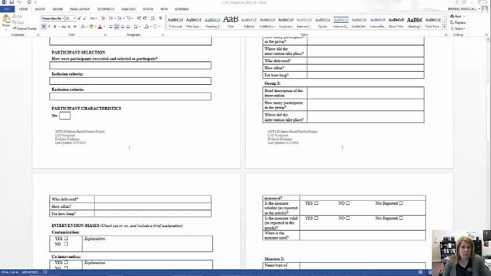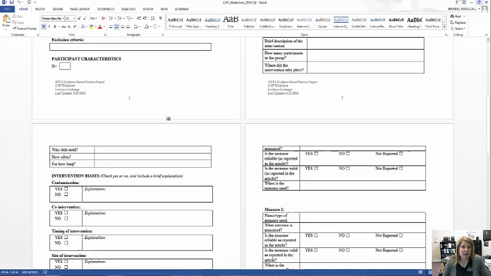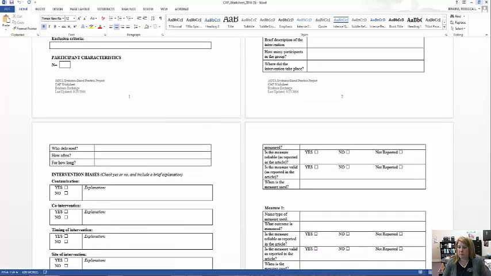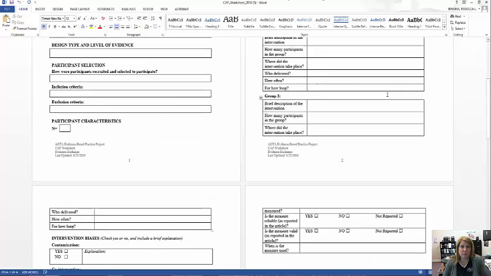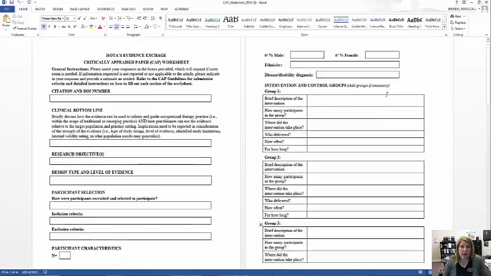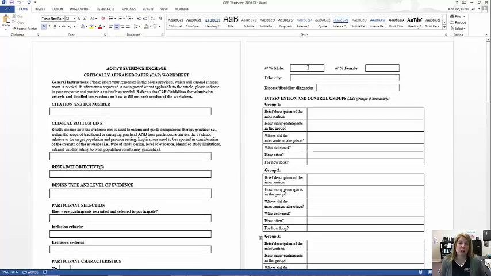Okay, so participant characteristics. Remember that N equals just the number of participants, and then we're going back up to the top here. Make sure that you pay attention to this part right here. Sometimes this gets confusing. It asks for the number and the percent that's male.